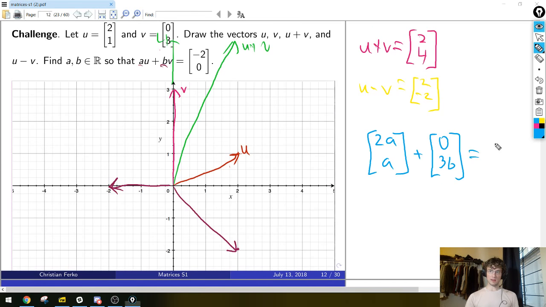And then we want this to be equal to minus 2, 0. Good, so if I combine the left side, remember I said you can scalar multiply vectors and you can add them. So first we scalar multiplied. What happens when I add them now? What happens on the left side?